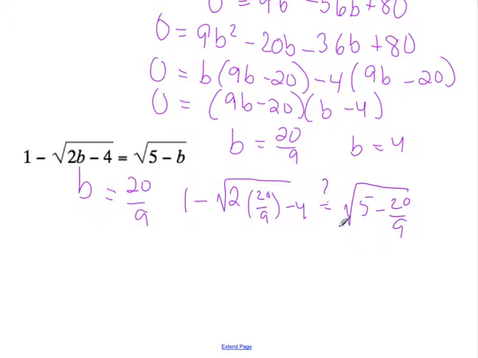And that's the question. Well, let's see. That's 1 minus, let's see, 20 over 9 times 2. Let's see, 20 times 20 divided by 9 minus 4. That's 364 over 9.